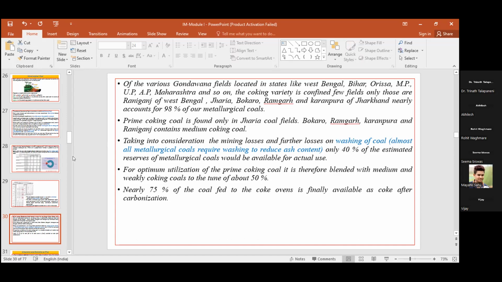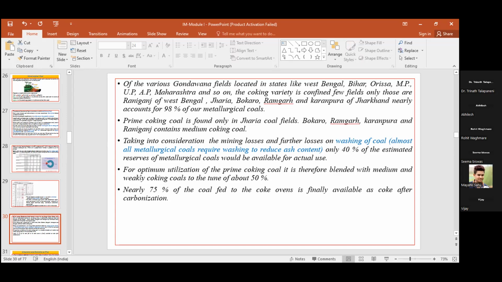So as we have seen, the prime coking coal deposits are very, very less. We have hardly 3%. So to utilize these high quality coals for the manufacturing of coke, we blend different grades of coals to make a proper combination of properties which are desired for the preparation of coke, and then the blended coal is subjected to the coke making process.